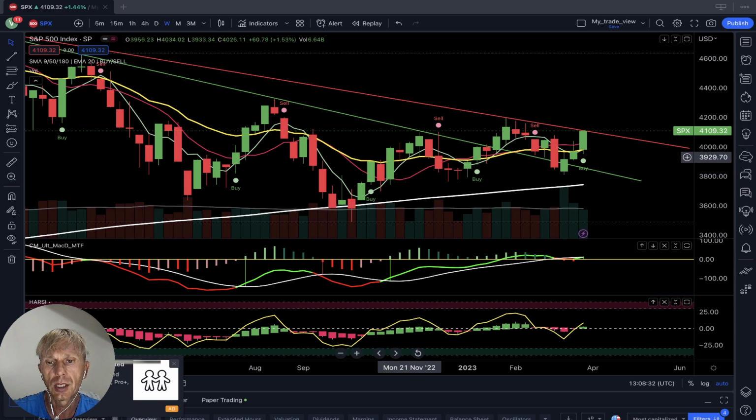Buy and sell script, MACD indicator green line and red line. MACD green line is bullish, red line is bearish. Heikin Ashi and RSI yellow line; Heikin Ashi green is bullish, red is bearish. Very simple, and volume also.